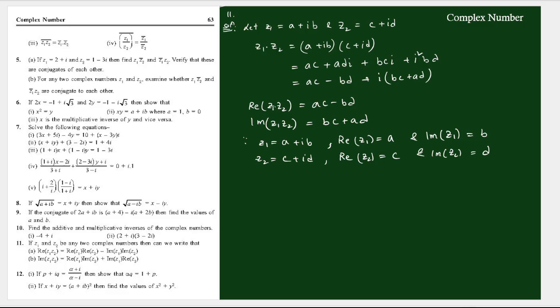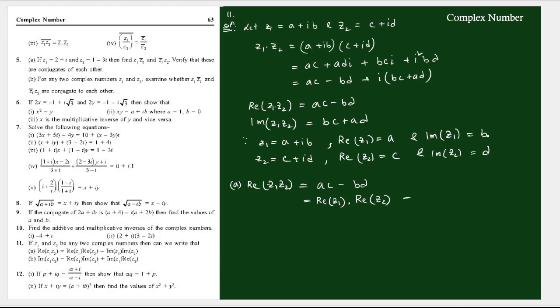चलो. Then let's see now. Okay, a. What is a? Real part of z1 z2. a into c. है ना? ac minus b. So a is what? Real part of z1. c is what? Real part of z2.